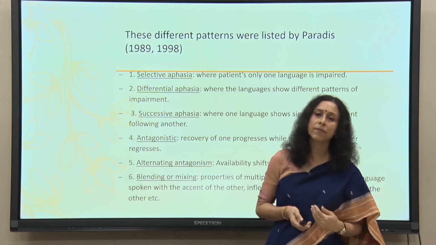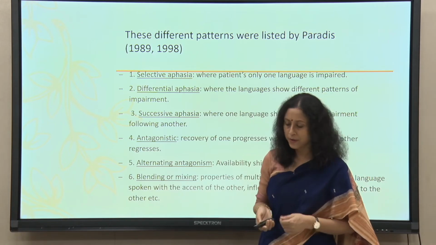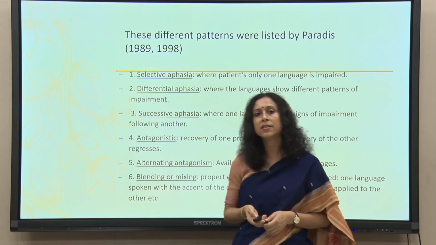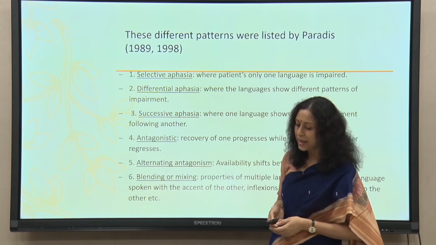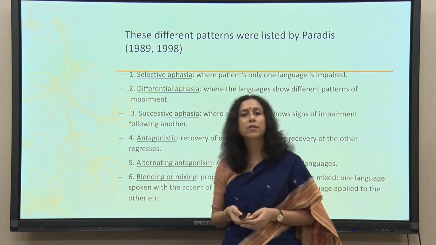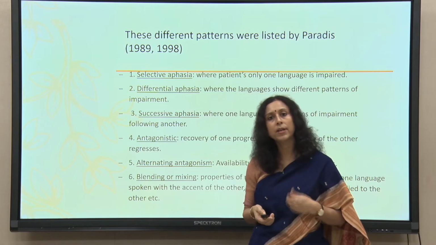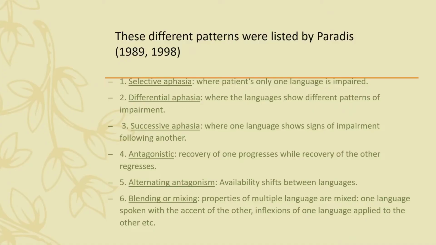So, in one language maybe it is comprehension, in another it can be production or repetition and so on. There is a differential status of the 2 languages in terms of how they get affected. Then we have successive aphasia, the third type, where one language shows signs of impairment following another. One language gets affected first, then the other language.